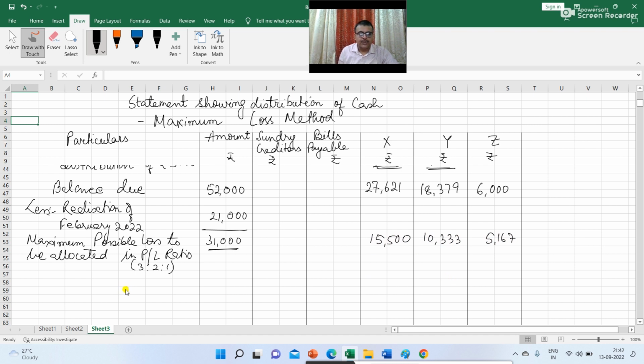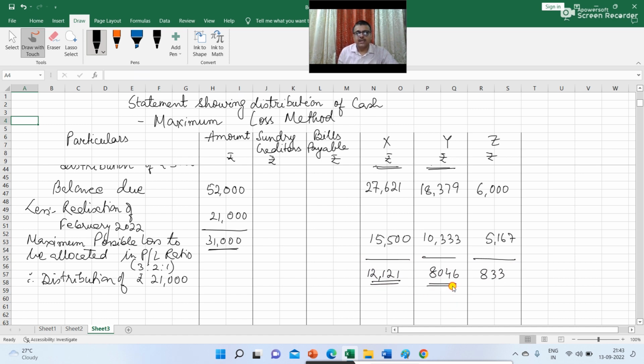So the amount of 21,000, therefore, distribution of rupees 21,000, which is the realization in the month of February 2022. So this 21,000 will be distributed to X for rupees 12,121, Y 8,046 and Z 833.